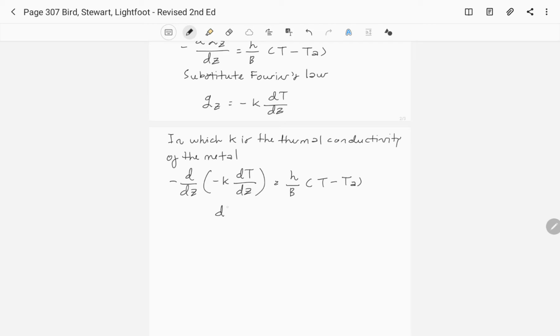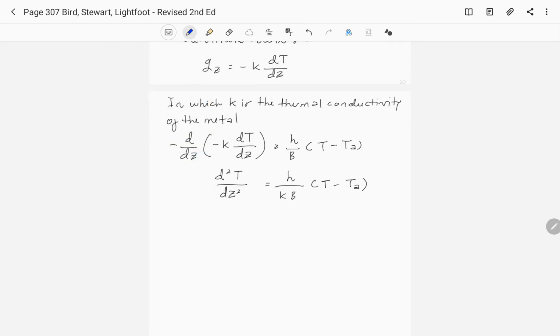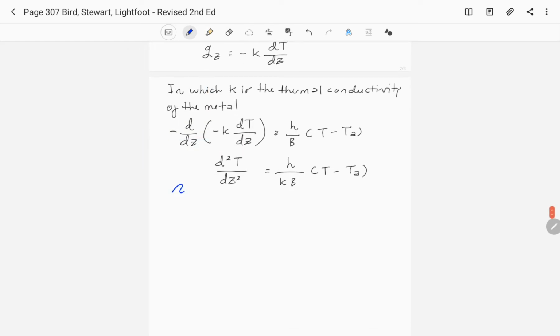And so we will have d squared T over dz squared equal to H divided by KB times T minus TA. And then we have a second order differential equation that the constants of which can be obtained by using two boundary conditions.